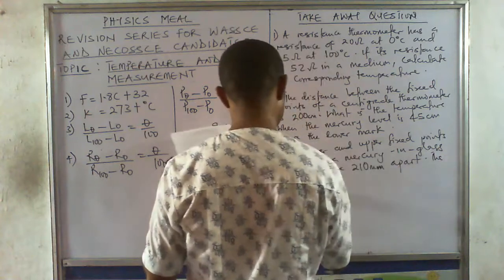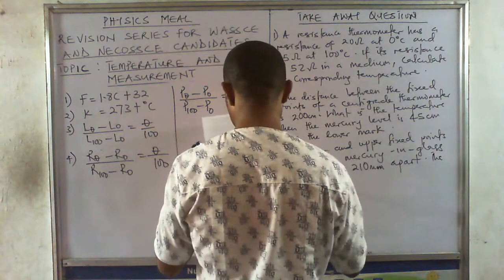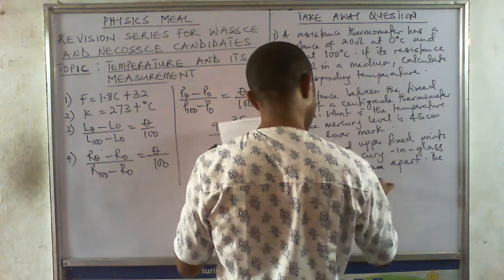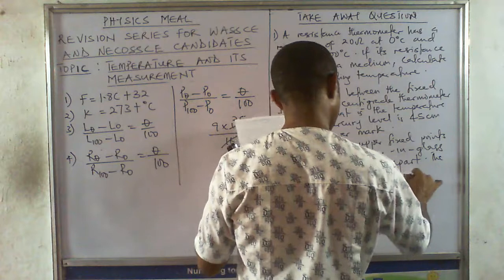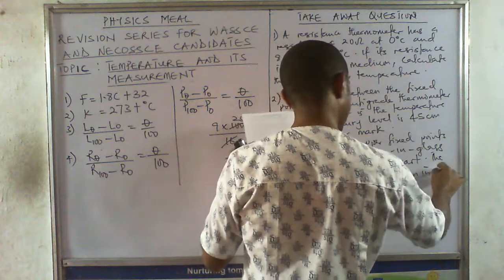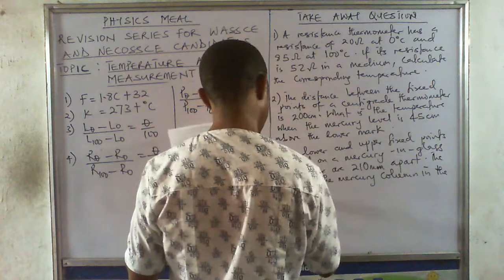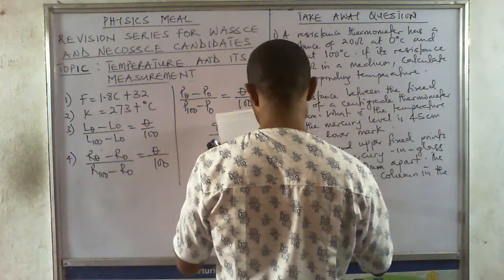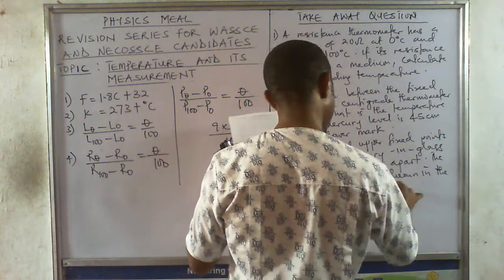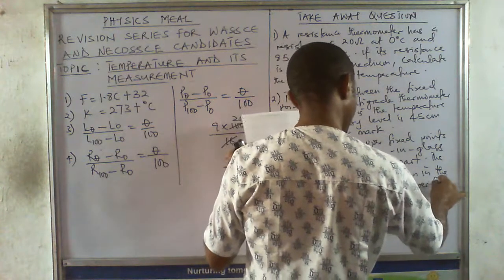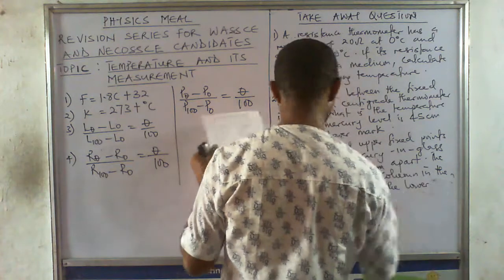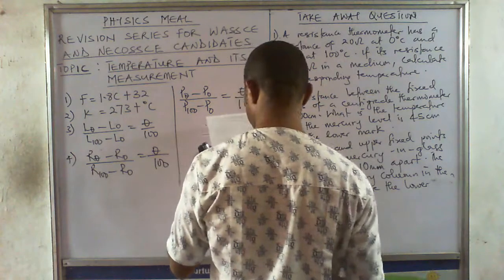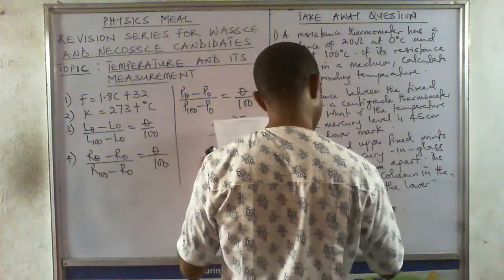The end of the mercury thread in the tube is 49 millimeters above the lower fixed point in a room.